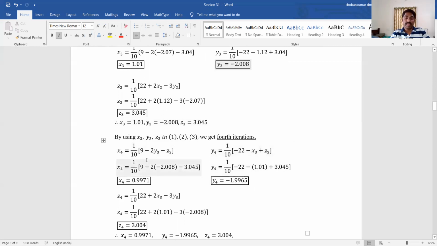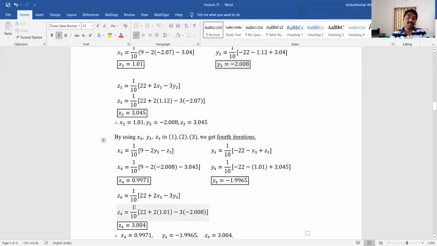x4 = 1/10 (9 - 2y3 - z3). We know y3 and z3, substitute here and simplify, we get x4 = 0.9971. y4 = 1/10 (-22 - x3 + z3). We know x3 and z3, substitute here and simplify, y4 = -1.9965.